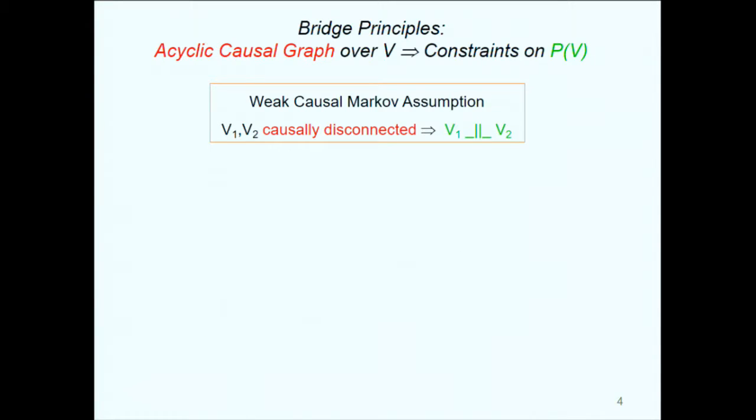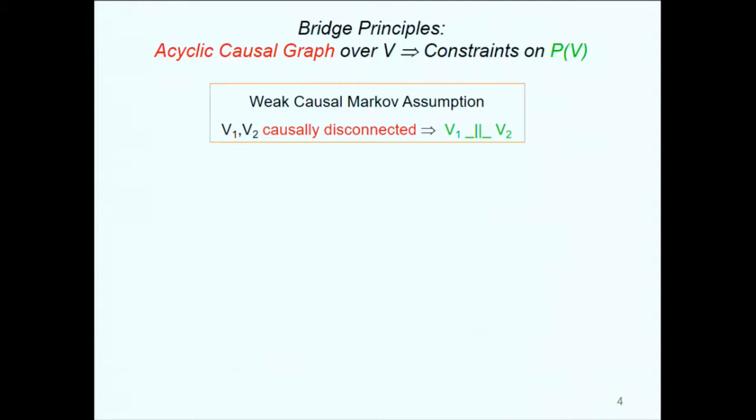Okay, so the first thing to talk about in the causal Markov assumption that really does the connection is the weakest possible version of it, which we call the weak causal Markov assumption. It's extremely simple, and I'm sure you've thought about it in one sense or another already. It says that if two variables, v1 and v2, are causally disconnected, which I'll make precise in just a moment, then they're independent probabilistically.